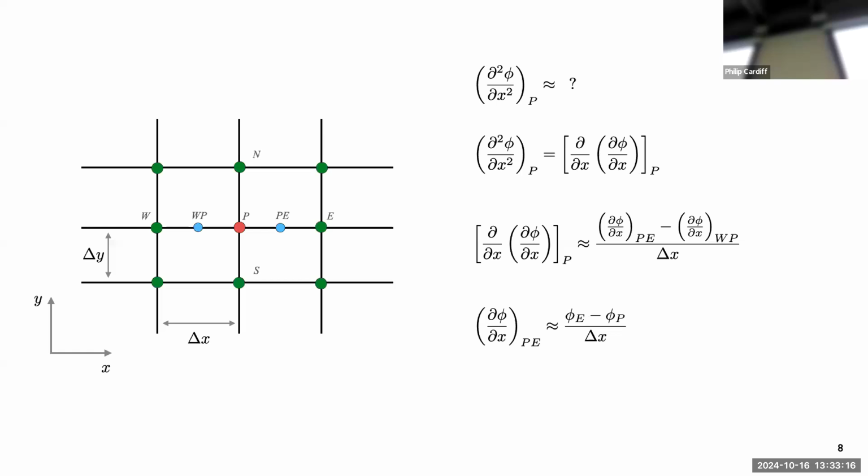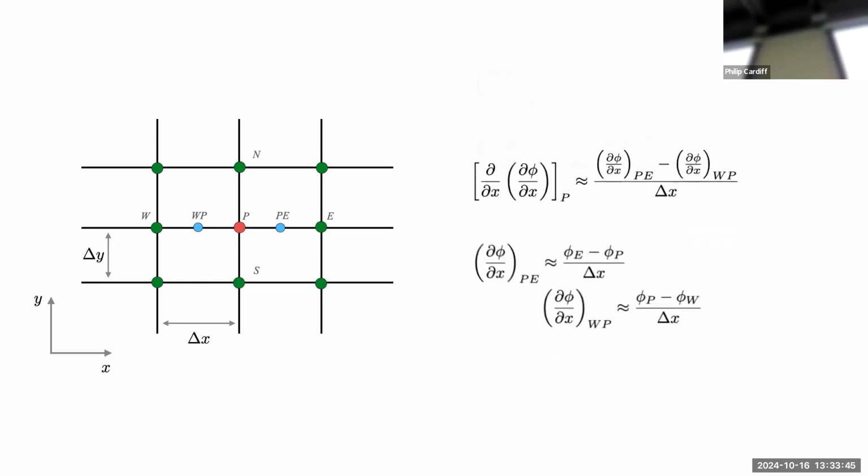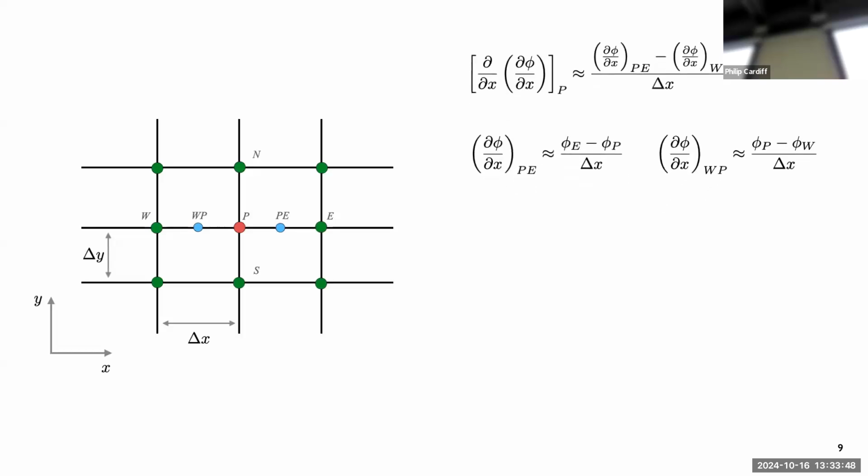Now we've written this term in terms of phi's at two nodes. Similarly, for this point here, we can write d phi dx at WP as phi P minus phi W divided by that distance. If we substitute those two definitions, the gradients at PE and WP, back into this term here, that completes it. That lets us write the second derivative at point P.